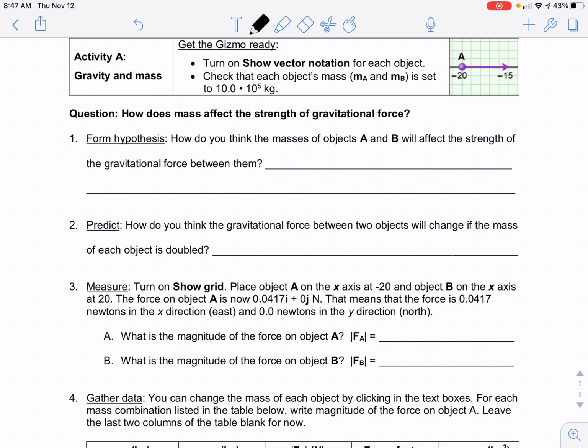Pause the video now and take a second to form a hypothesis and a prediction based on the effect between mass and gravitational force. Okay, now that you've had a chance to make your prediction, let's actually take some data.